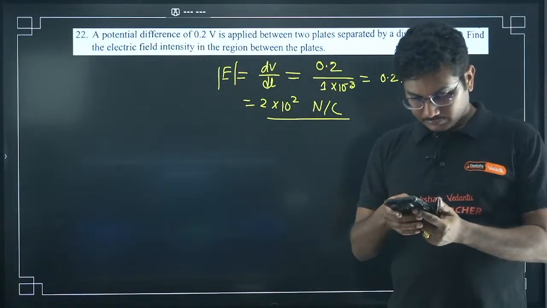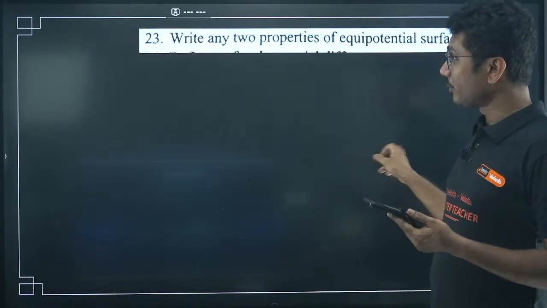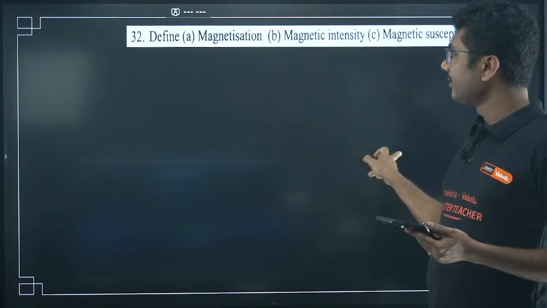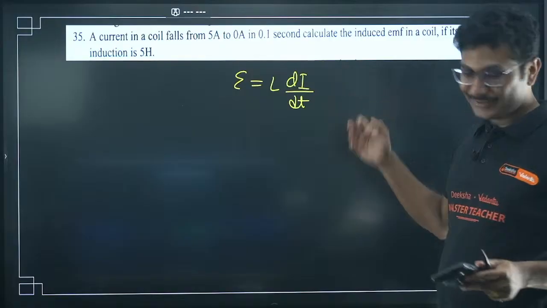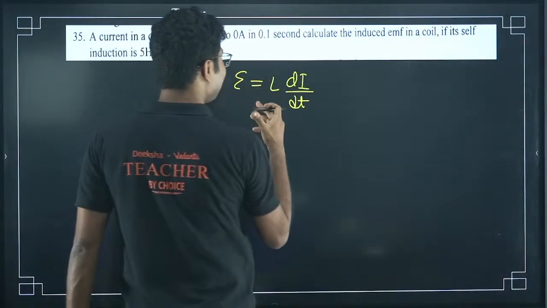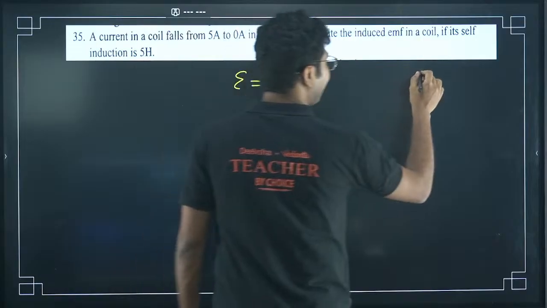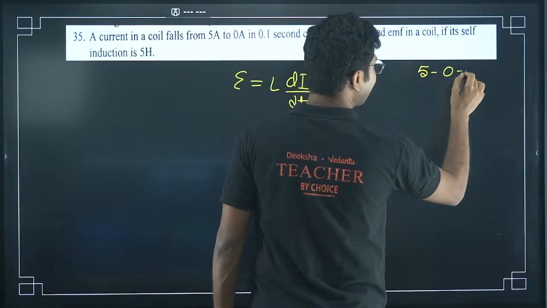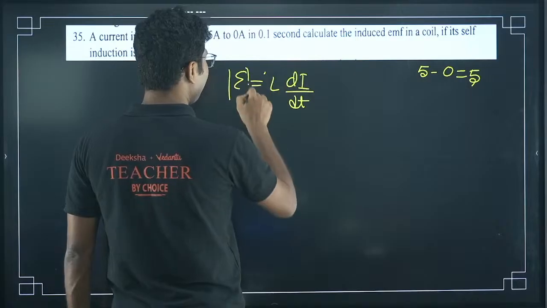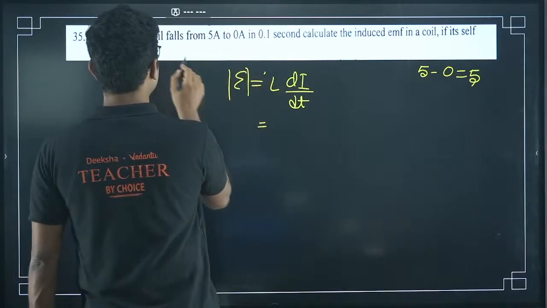Shivangi is saying the 3 mark numerical, okay. That is the easiest. It is actually not a 3 mark numerical, okay. So here the change in current is 5 minus 0, that is 5. Again, we are calculating the magnitude of EMF. L value is given as 5 Henry.